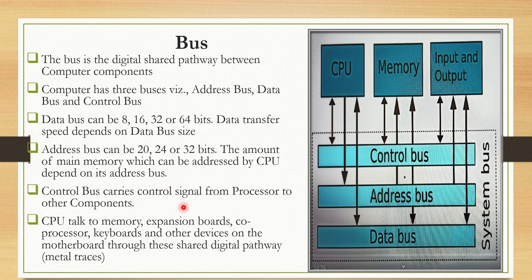The control bus carries control signals from the processor to other components. A control bus sends commands and control signals to the components: what is to be done and when it has to be done. This is done by instructions given by the CPU. The CPU talks to memory, expansion boards, the coprocessor, the keyboard, and other devices on the motherboard through this shared digital pathway.